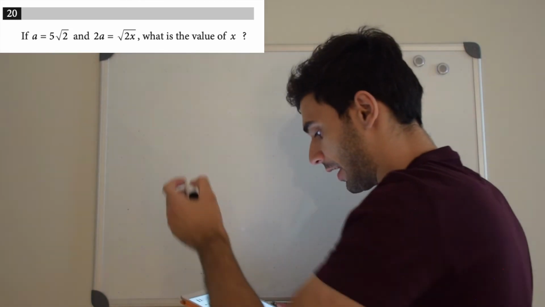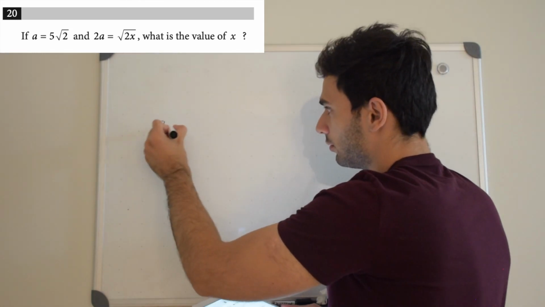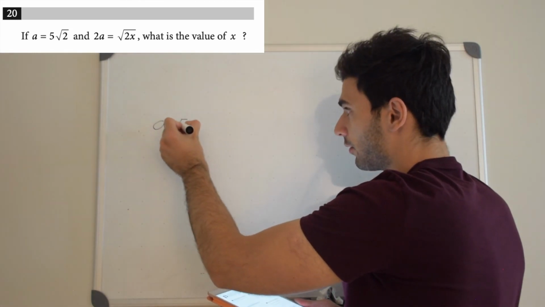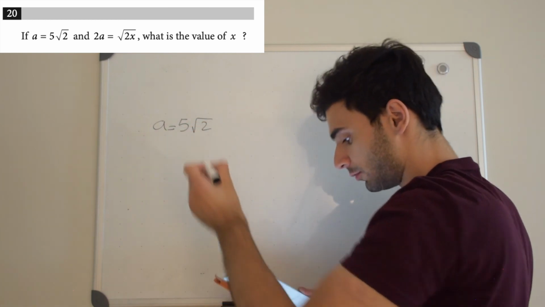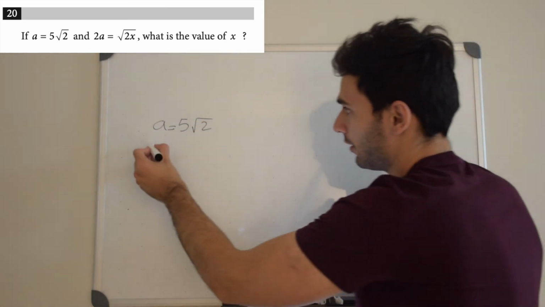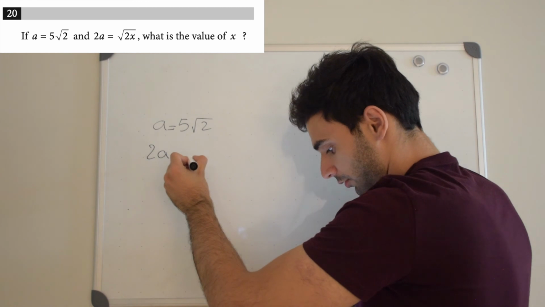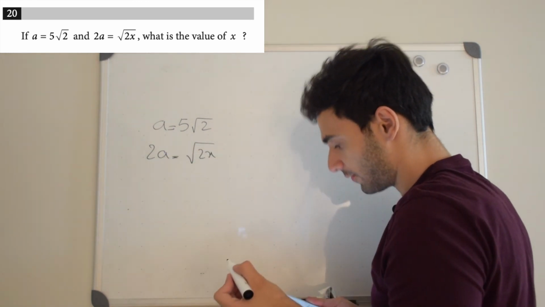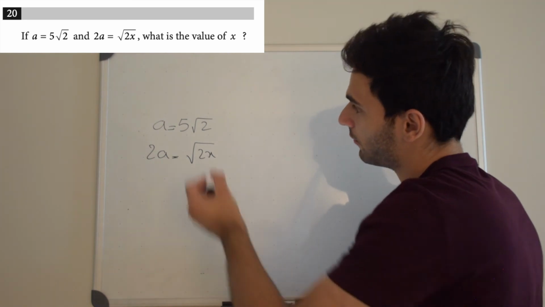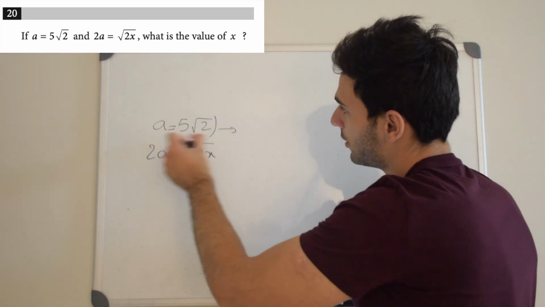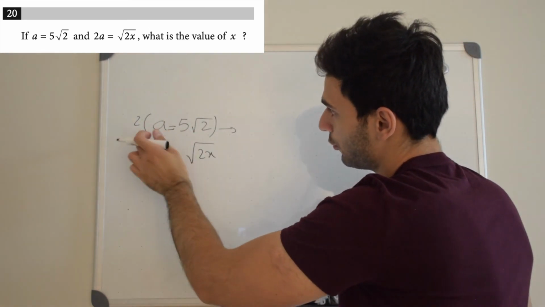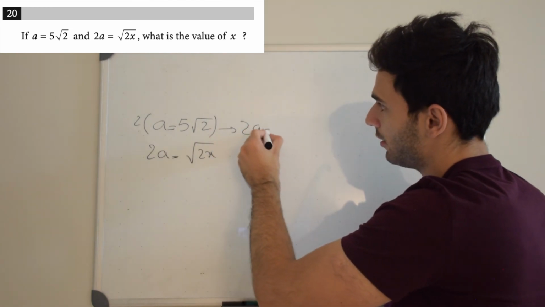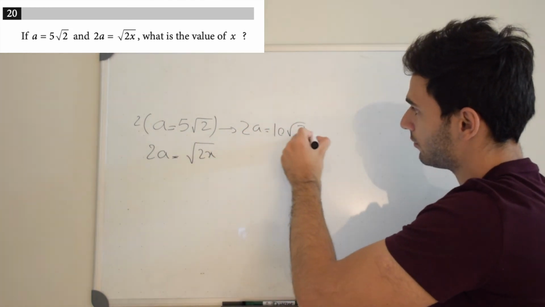If a is equal to 5 square root of 2 and 2a is equal to square root of 2x, what is the value of x? So from here, I'm going to multiply both sides of the equation by 2 to find 2a. So 2a is 10 square root of 2.